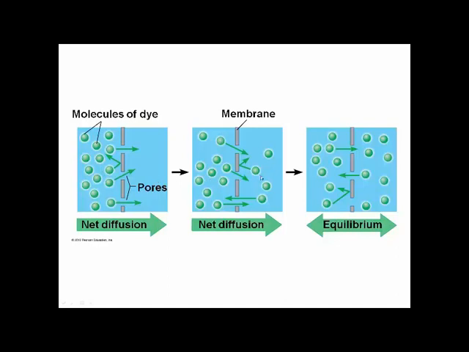It'll keep traveling, and also note that once there are particles on the other side of the membrane, they can still very freely pass to the side where they began. And there reaches a point that we call equilibrium, where the concentration of the molecules is the same on both sides of the membrane. That is, if the substance can pass across the membrane.